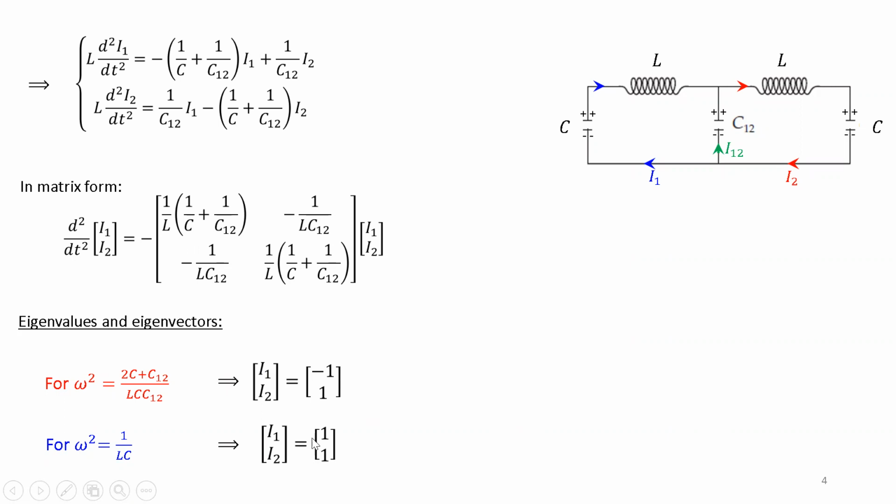When I have a positive number, that means it's anti-clockwise direction. So you can see my convention over here.